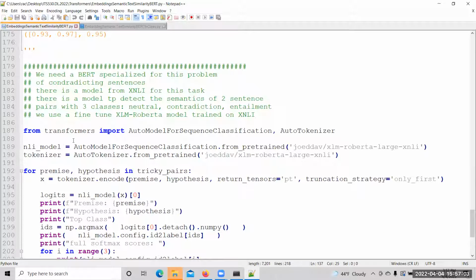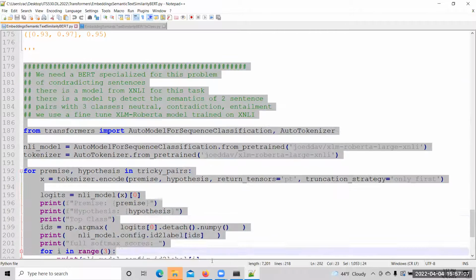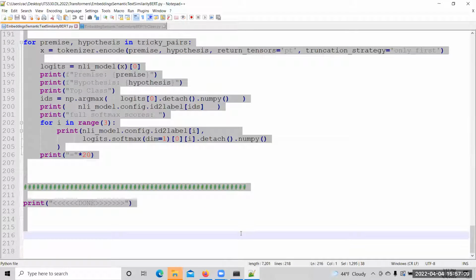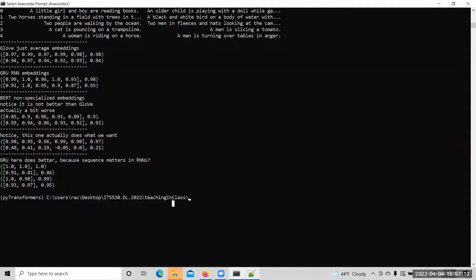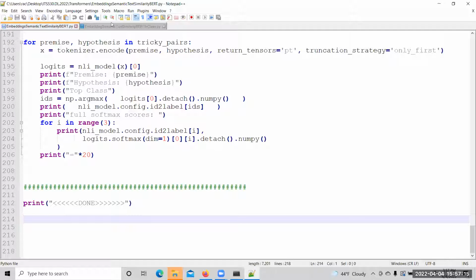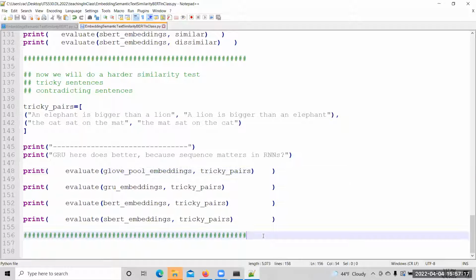Okay, so we can go ahead and try, and this is the last piece of code today. We can try this model. Just plug this here.